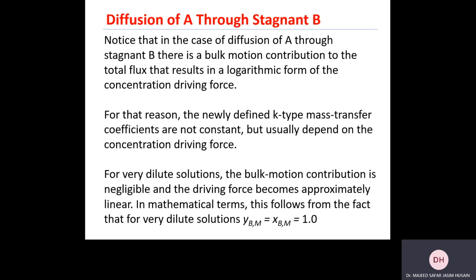For every dilute solution, the bulk motion contribution is negligible, and the driving forces become approximately linear. So here we are assuming that if it is dilute, then the driving force will be linear. In mathematical form, this follows the fact that for dilute solution, YBM is equal to XBM is equal to 1, because B will approach 0.